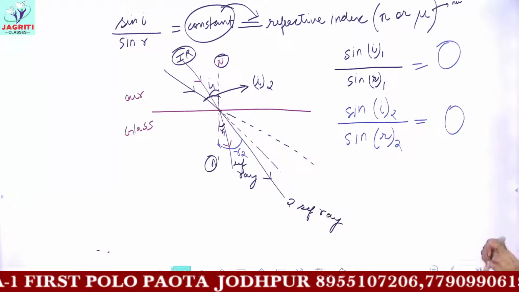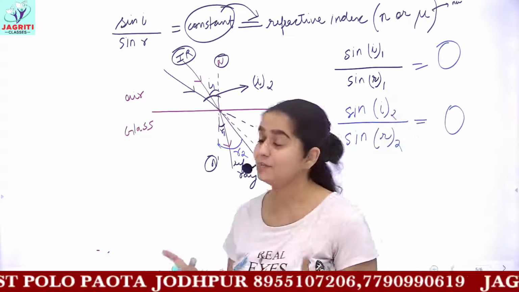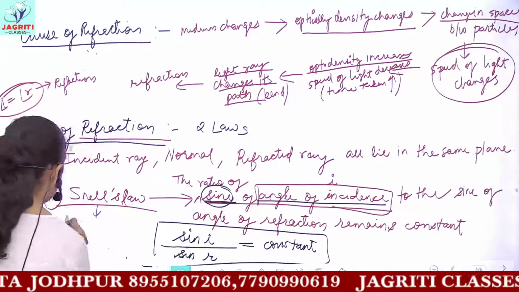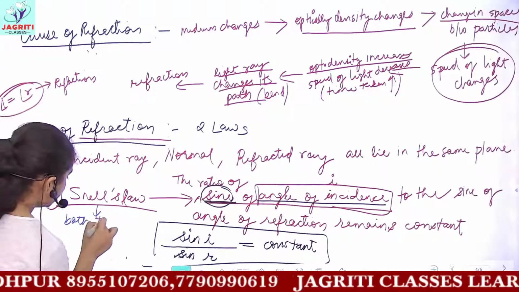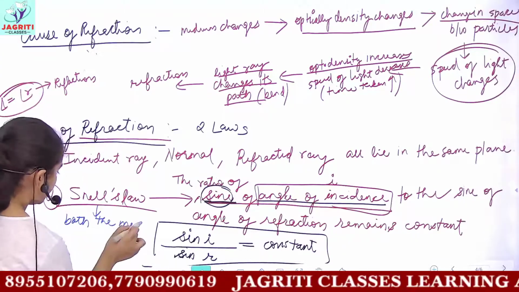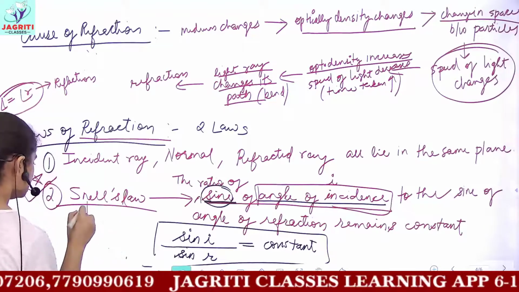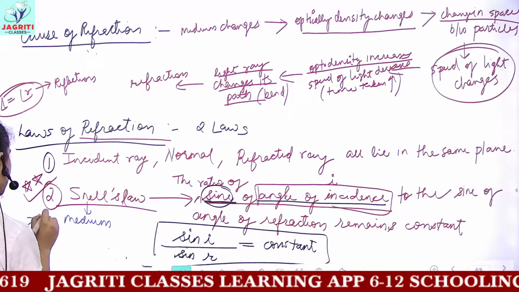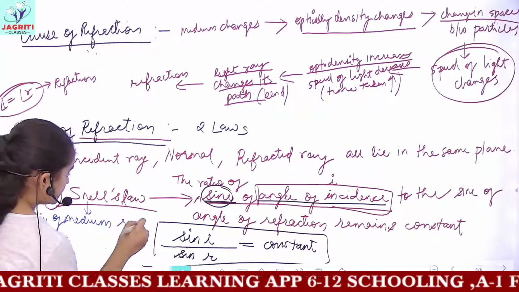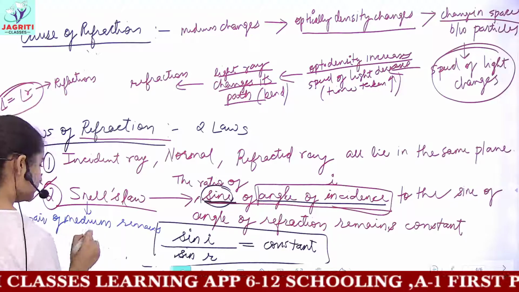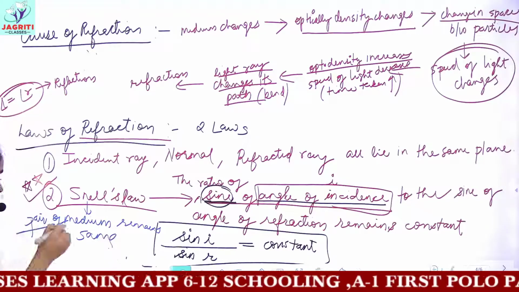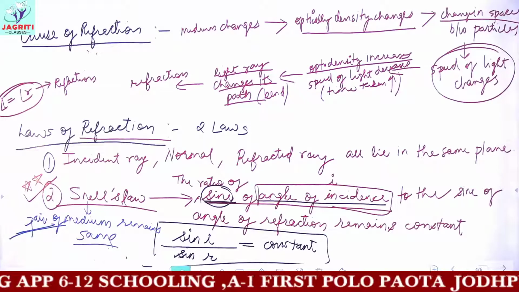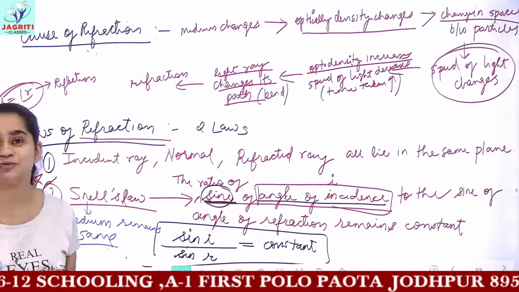So we are saying, remember, Snell's law is applicable only when the pair of medium remains the same. I have written here pair of medium. The two mediums should not be the same, because if both mediums are the same, no refraction would occur.